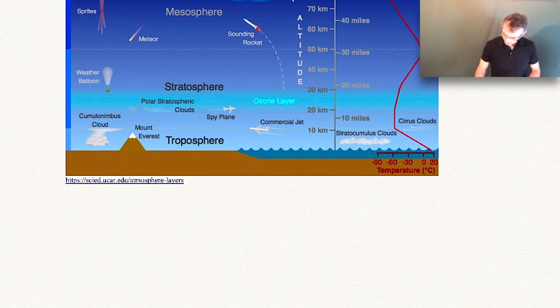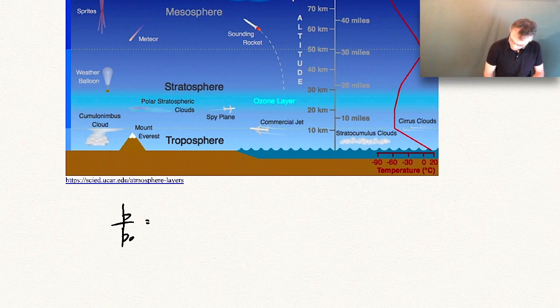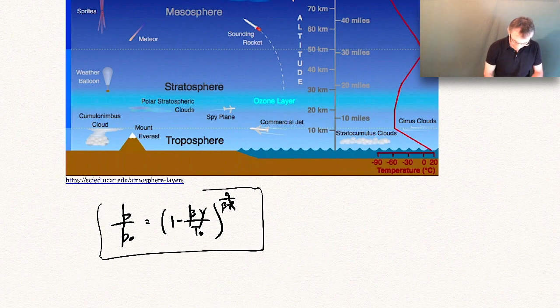So specifically, what we'll get is P over P naught is equal to 1 minus beta y over T naught, all raised to the G over beta R power. So that's the result that you'll ultimately get.